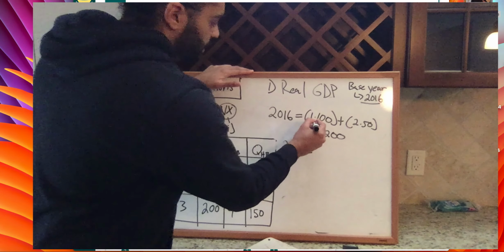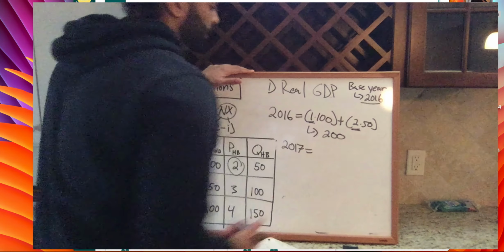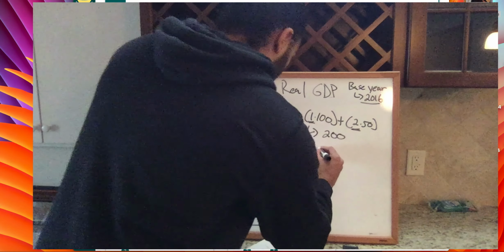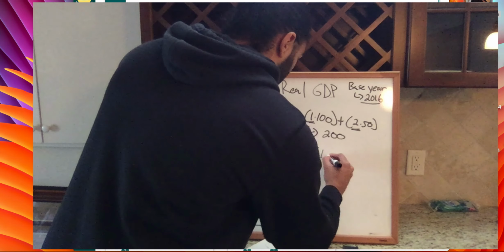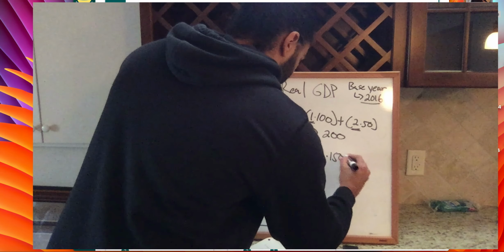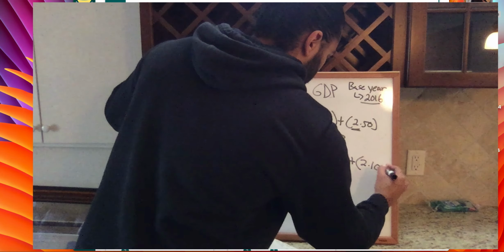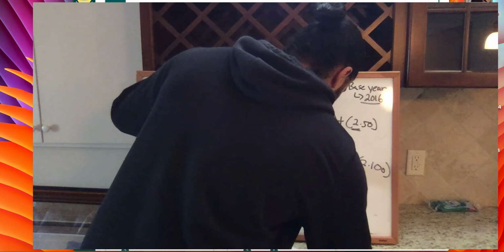So 1 and 2 are going to stay the same. The only thing that's going to change is your quantity over time. So it's going to be 1 times 150 plus 2 times 100, and you are going to get 600. Oh, sorry. You're going to get 350.